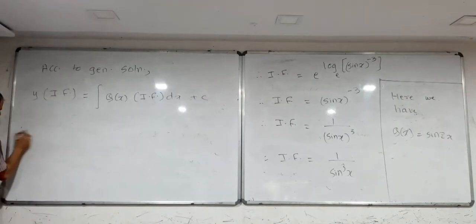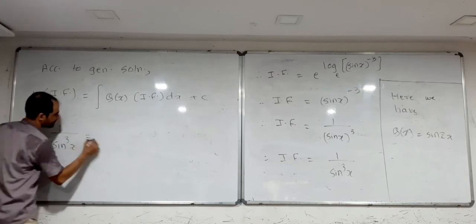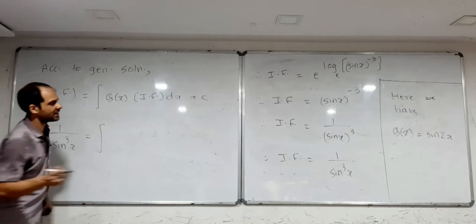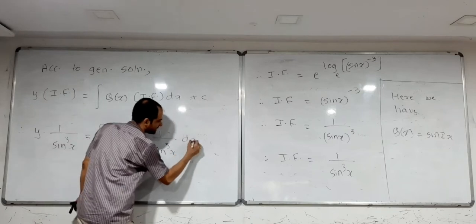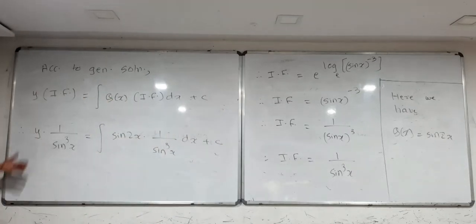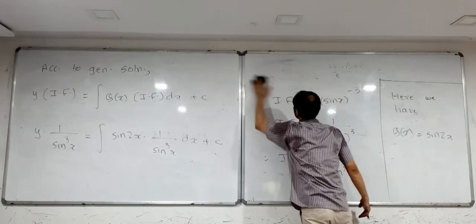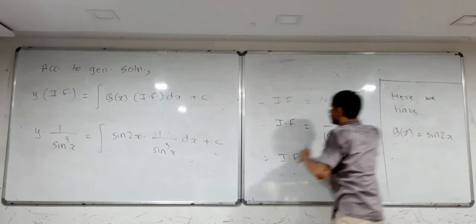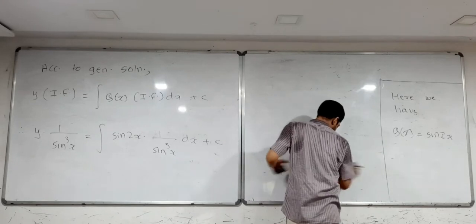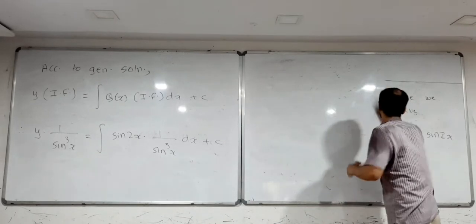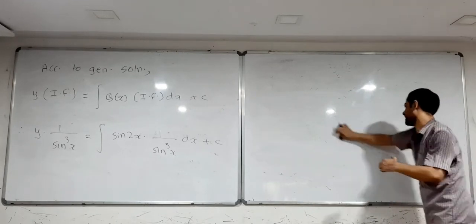So y into what is integrating factor, 1 upon sin cube x, which is equal to integration of q of x कितना है sin 2x into 1 upon sin cube x dx plus c. अब आगे इंटीग्रेशन नहीं कर सकते, sin 2x का डायरेक्ट कोई फॉर्मूला नहीं है ना, तो sin 2x देखो 2 sin x cos x आप सब्स्टिट्यूट कर दो, और फिर देखो sin x कैंसिल हो जाएगा and it will be converted into a known integration result.